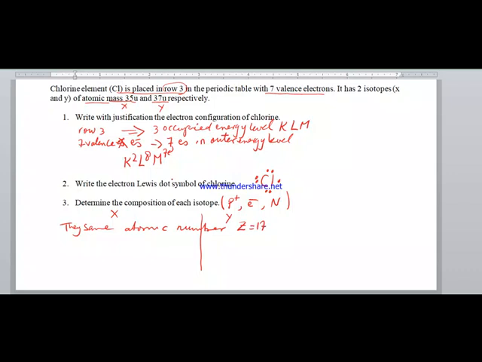Why is it 17? From the electron configuration, the number of electrons is equal to 17, which is 2 plus 8 plus 7.